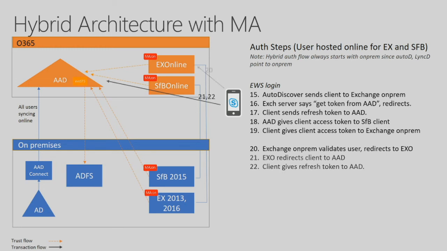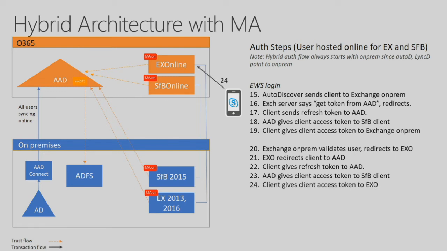Go there. So the client goes to AAD. It's already got tokens, it gives those to AAD, and it gets back a client access token. And now the client can go back to Exchange Online and get in. Okay? So that is the flow.